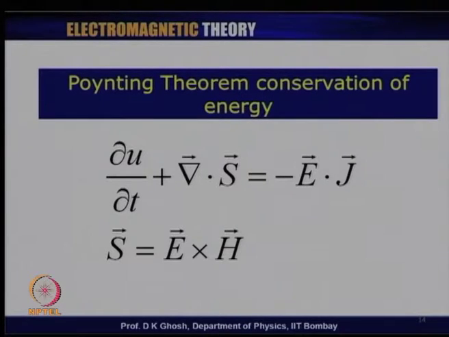So the rate of change of the energy density is given by a change due to the physical movement of energy flowing out from the bounding surface, and of course, there is a Joule heat term. This quantity E cross H is what we defined as the Poynting vector, and this is in some sense a statement of conservation of energy for electromagnetic fields.